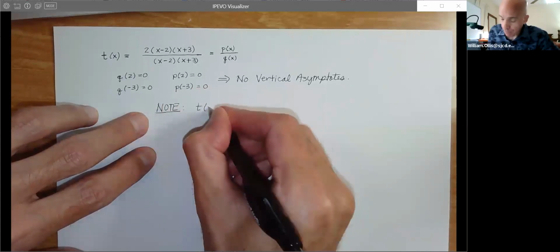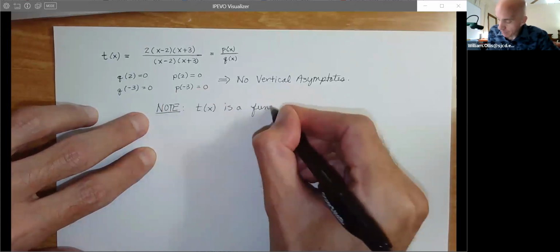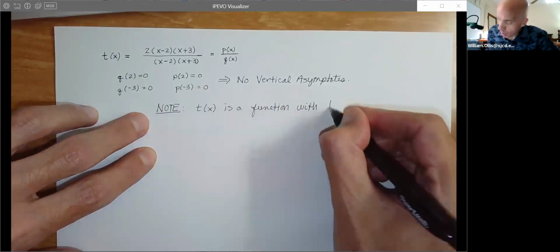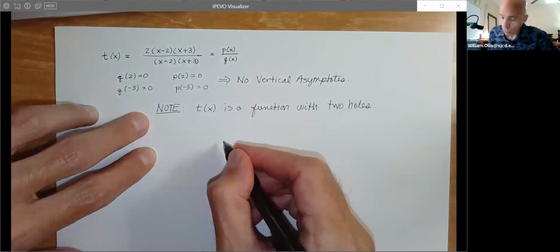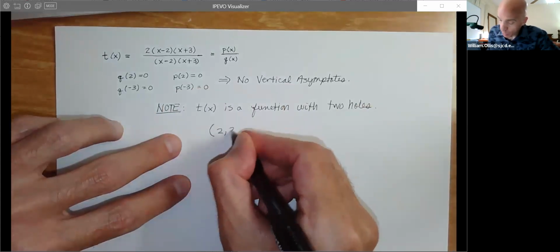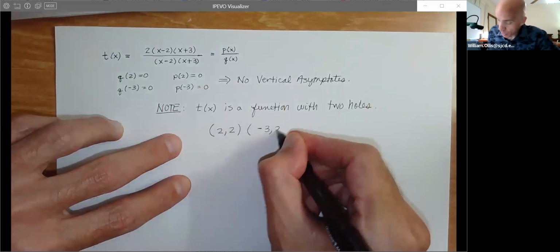So note, T of x is a function with 2 holes. Where are the holes? Well, we're going to have (2, 2) and (-3, 2).